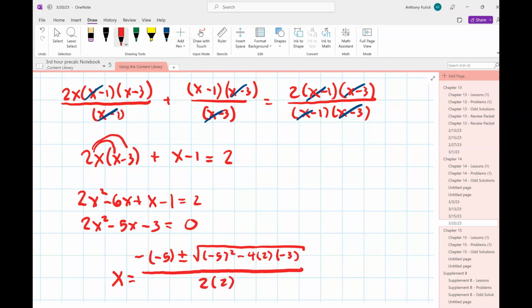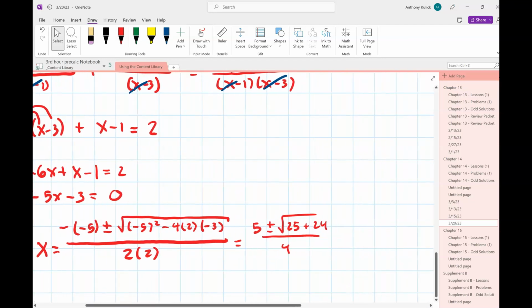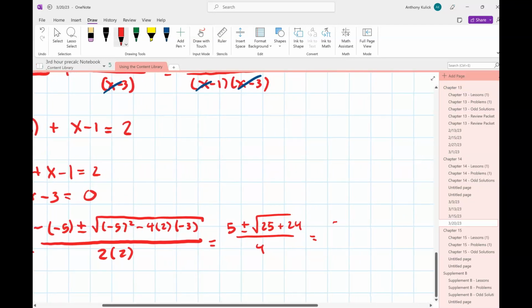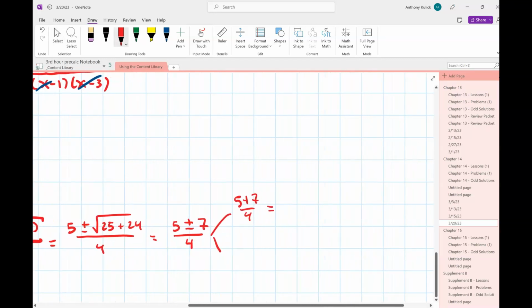Do all of these have to be factorable? No way. 25 plus 24 is 49, and the square root of 49 is 7. 7 plus 5 is 12, divided by 4 is 3. 5 minus 7 is negative 2, divided by 4 is negative 1/2.